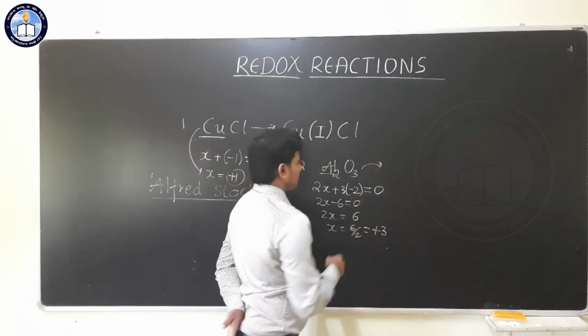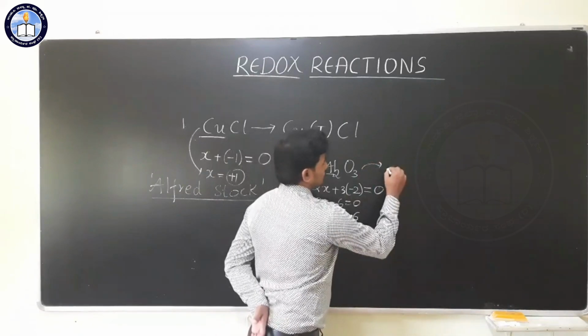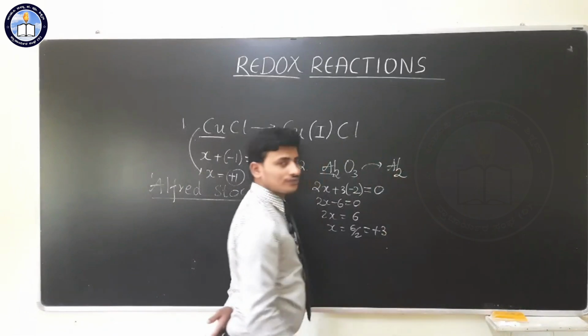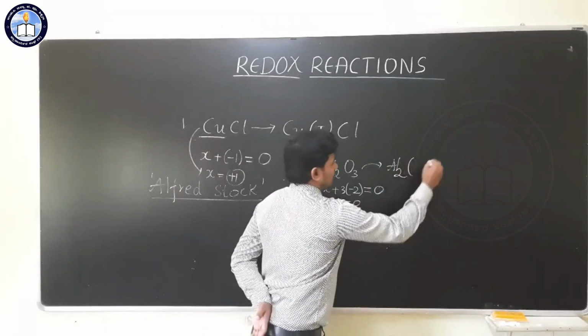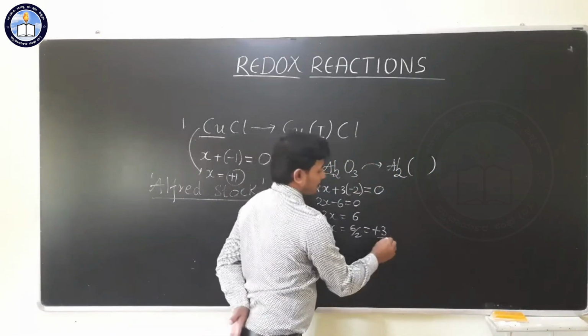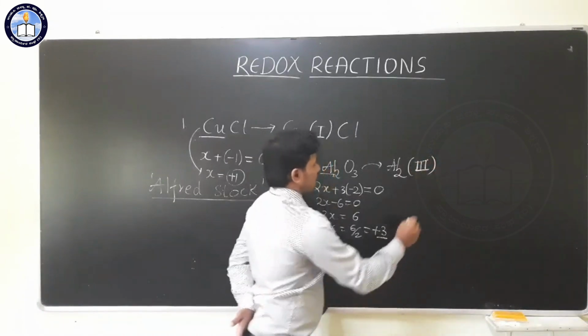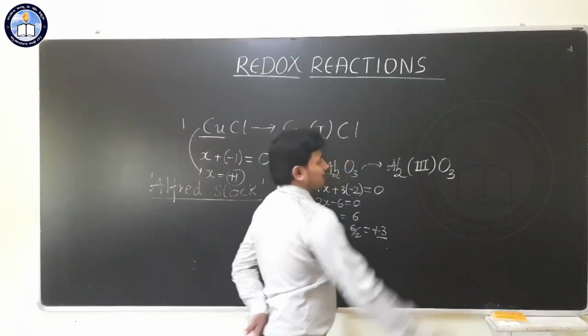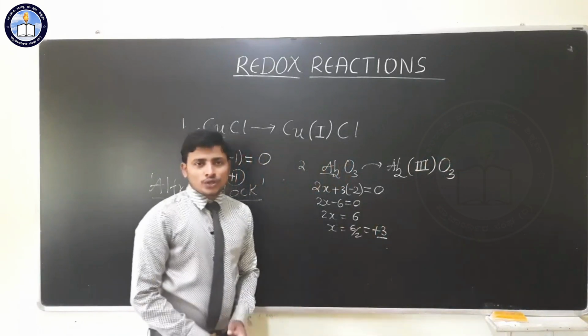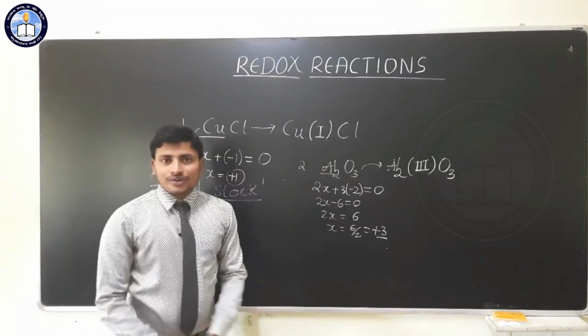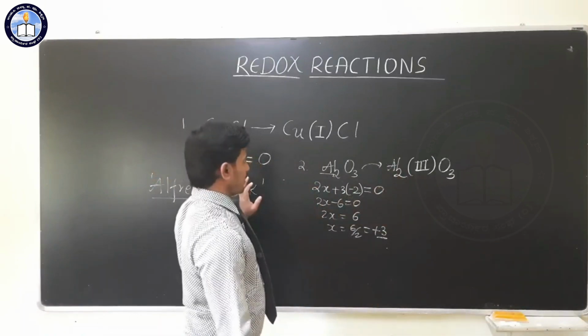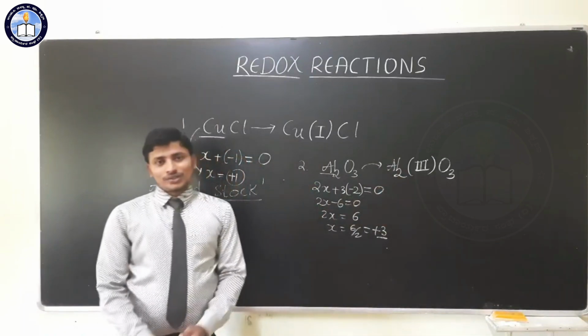We can write Al2, in parenthesis we need to write plus 3 as Roman number 3, O3. That's all. So in this way we can represent oxidation number, and that is known as Stock notation.